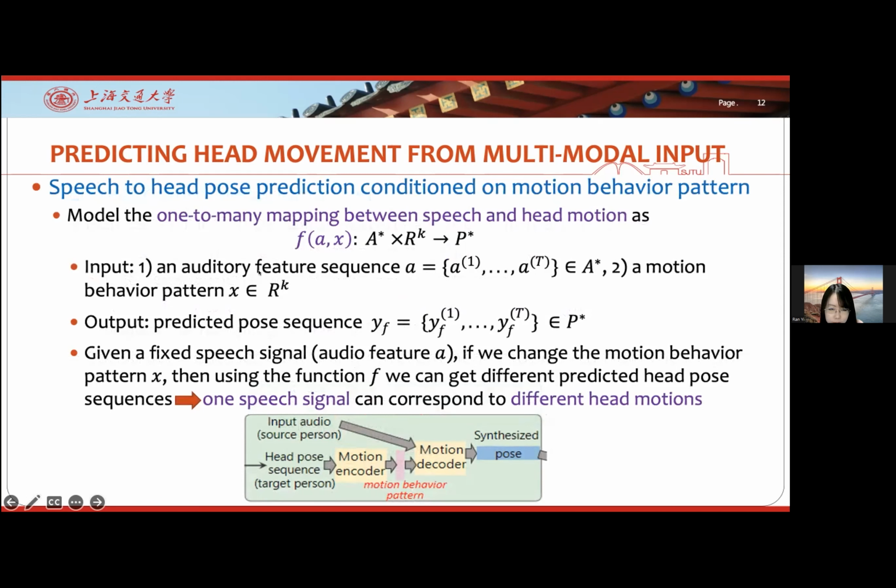And we map A and X to a predicted pose sequence Y. Since we have this one-to-many mapping, given a fixed speech signal, we can change the motion behavior pattern X, so that using this function F, we can get different predicted head motion sequences. So one speech signal can correspond to different head motions using this mapping.